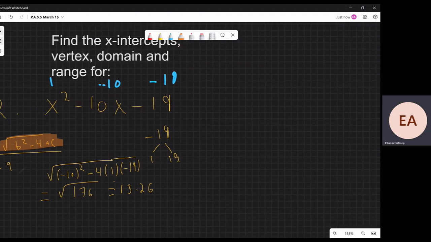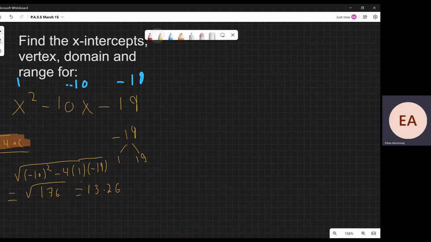So we can start filling in our equation here. We know x equals -b plus or minus the square root of b squared minus 4ac, all over 2a. That equals -10. Make sure you watch those negatives.